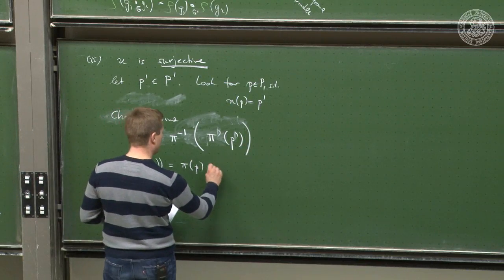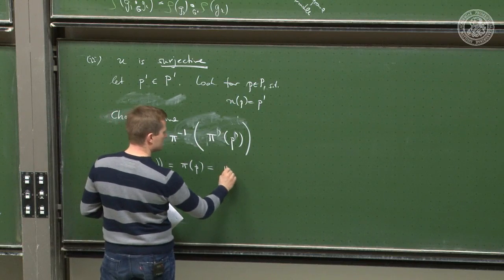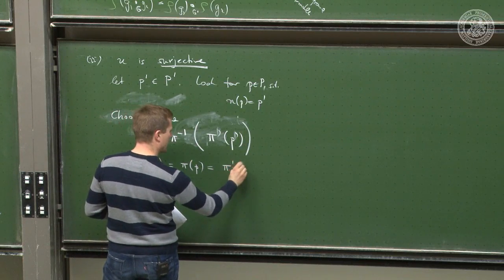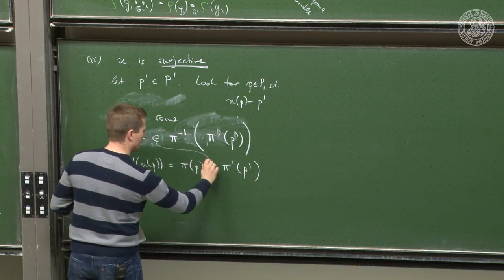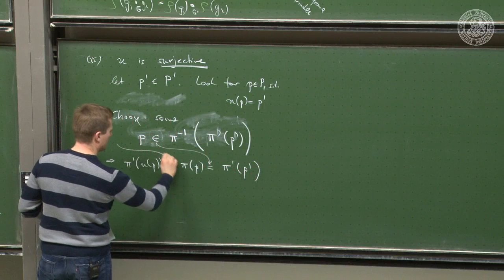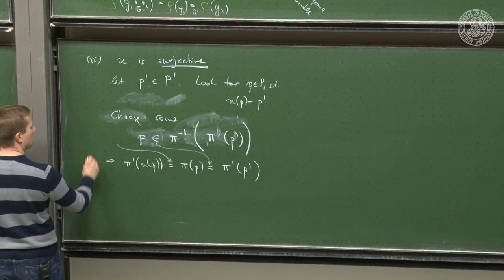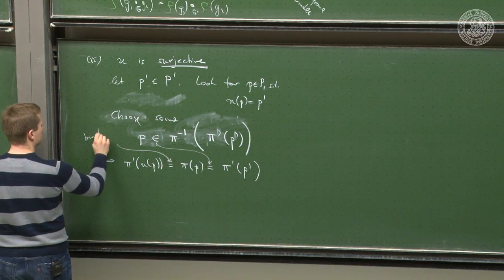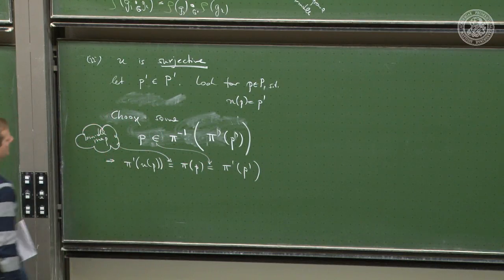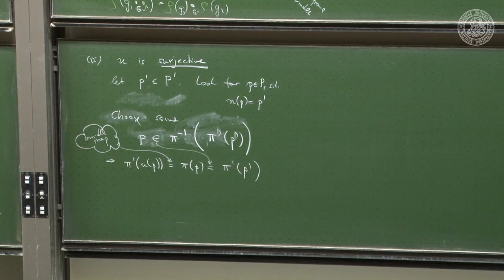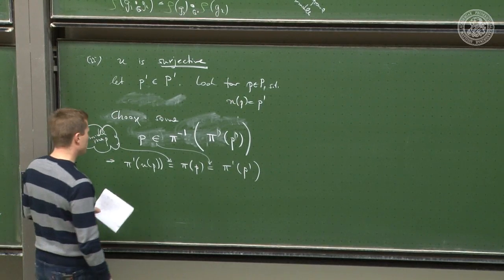And pi of p, by assumption, is the same as pi prime of p prime. So this assumption goes into here, and this is the bundle map aspect, not the principal bundle map aspect. We only need the bundle map aspect at this point.